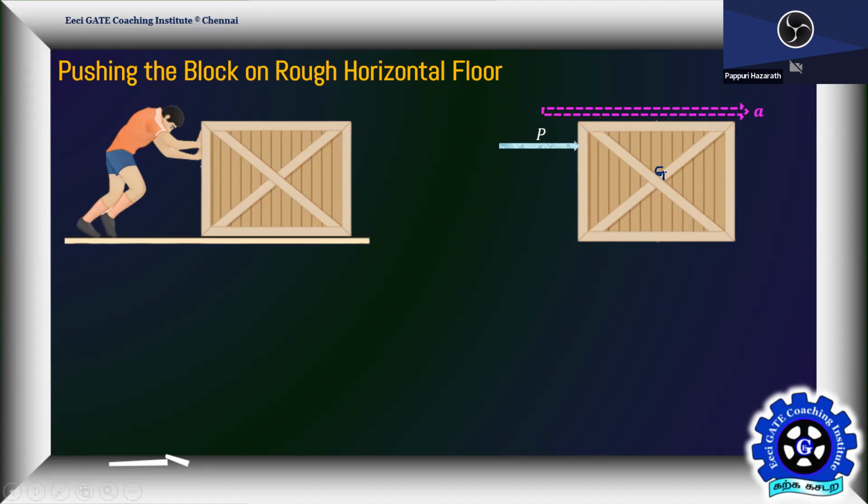Now we can start. What is the first statement? Weight always acts vertically downward. What is the next statement? Normal reaction, right? Tension? No string, no tension. Whenever a string is there, we need to represent the tension.